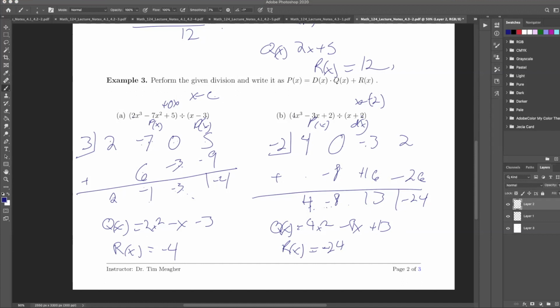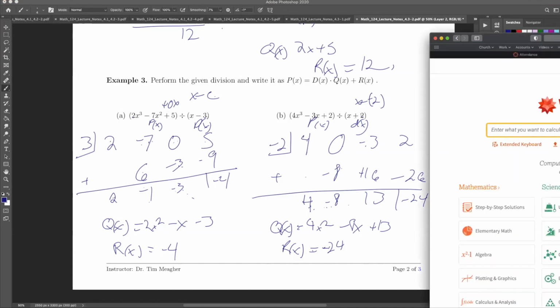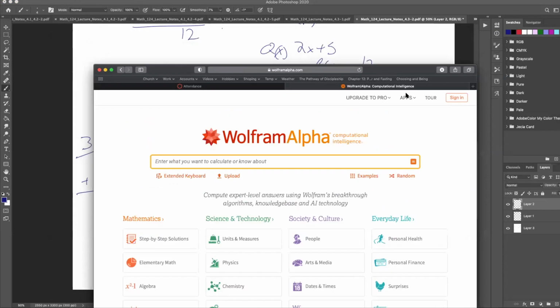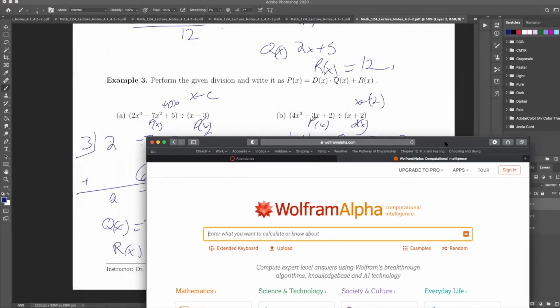All right, let's go ahead and hit wrap. Let's type in Wolfram Alpha. All right, now do I remember how to do it? Maybe, maybe not. Let me just see if I can just type it in directly.